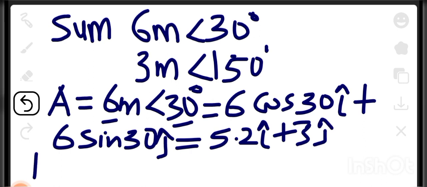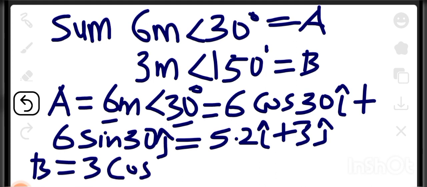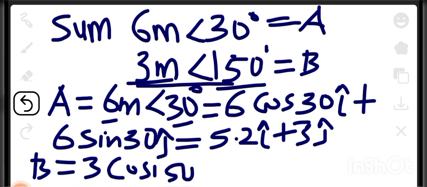Then for the second vector, which is this other one, vector B, we said this one is A. So B will be 3 cos first. Look at it, the first thing first, take 3 cos 150, plus again 3 sine 150.